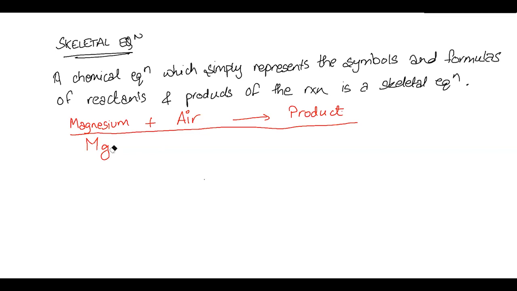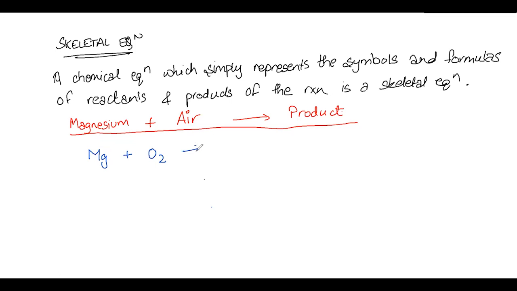Now moving ahead, magnesium has the symbol Mg. Now it reacts with air. So whenever we react anything with air, what we write is O2 in place of air.